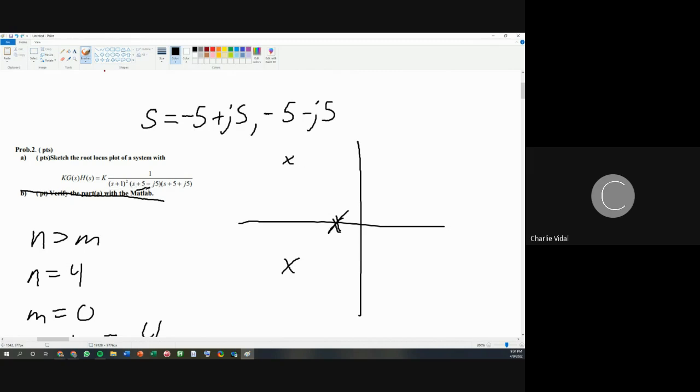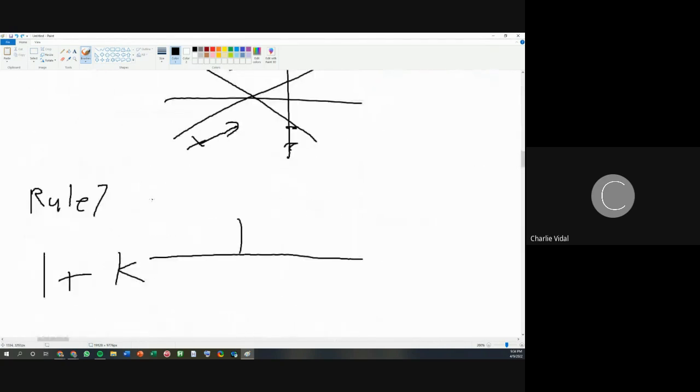I already did that, and I don't want to do it again. It's pretty simple if you just multiply it, but I'll give you the answer. It's s to the fourth plus 7s cubed plus 61s squared plus 105s plus 50. That's basically how it looks after you multiply everything together.